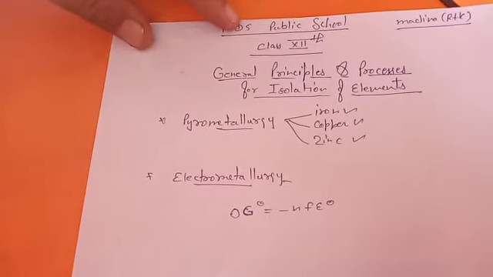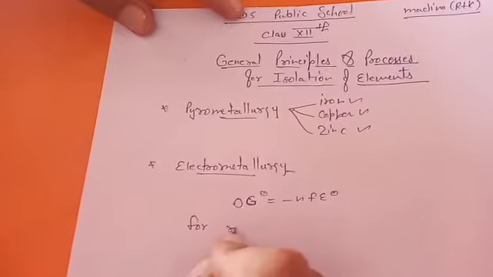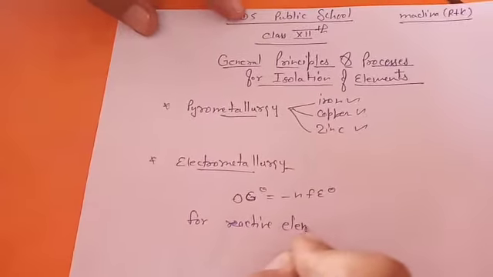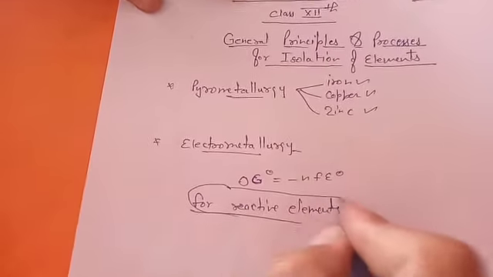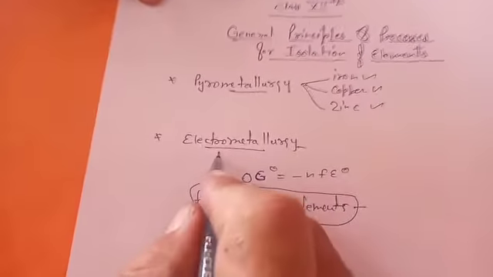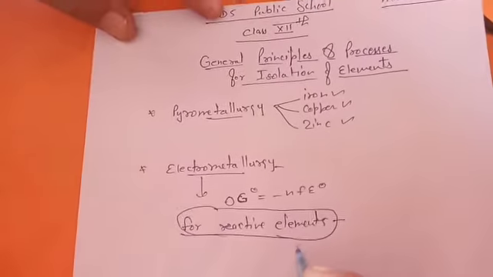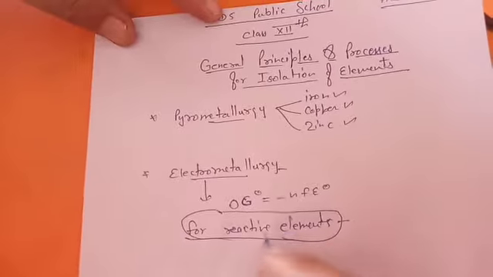But we apply these methods for reactive elements, because for reactive elements it is not easy to find a good reducing agent. So for reactive elements we find electrometallurgy as an option. For reactive elements, this E naught will come negative, turning delta G positive.